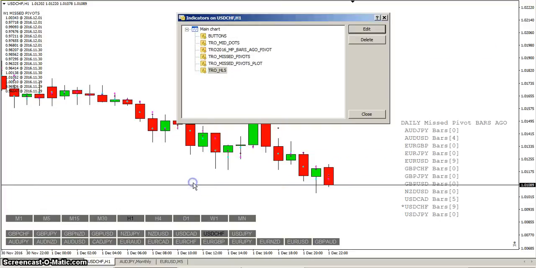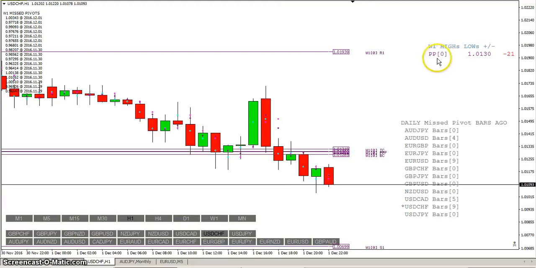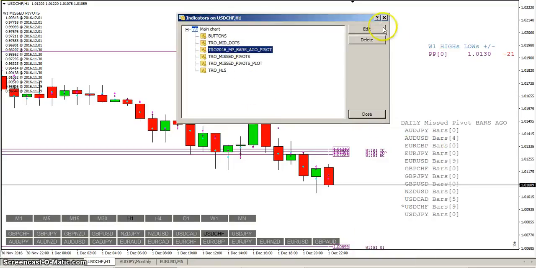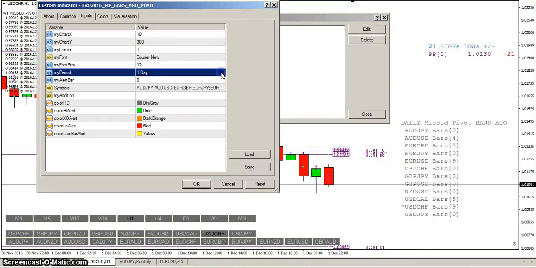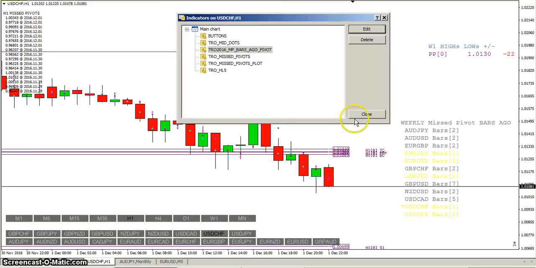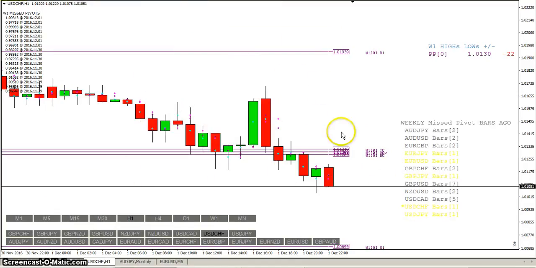We can switch it to the week, and you can see, and also for the bars ago, we can switch that to the week. You can always switch it to current too, and then that way when you change the time frame of the chart, these would correspond. But sometimes I like to make them so they're fixed, because I might switch between the hour chart, the 5-minute chart, and back to the daily, and I don't want to be looking at 5-minute pivot points.